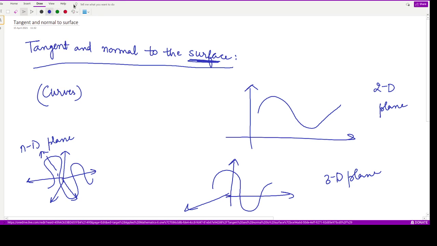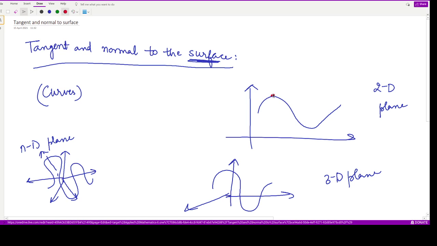Now if I am talking about the tangent to this particular curve, at this particular point, because you have to also specify the direction or the point at which you want to calculate the tangent. So at this point your derivative would be 0, because the slope here is not changing and it is constant.